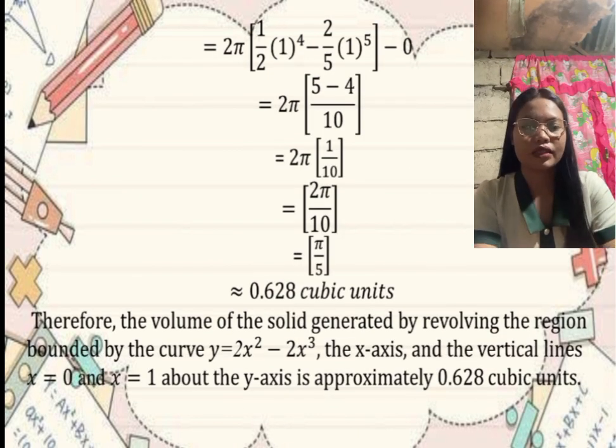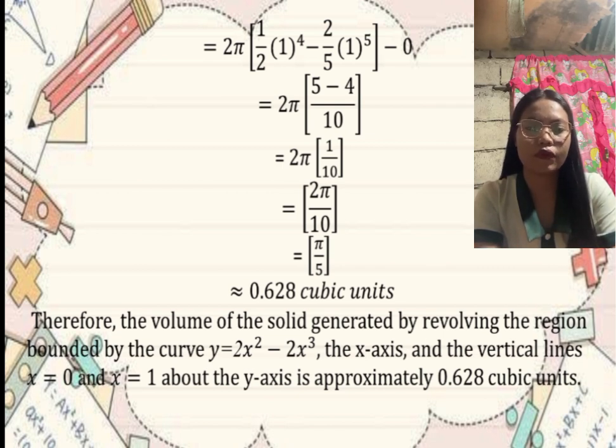Now we can substitute 1 and 0 into our equation. So it will become 2 pi times 1/2 times 1 raised to 4 minus 2/5 times 1 raised to 5 minus 0. It is 0 since 1/2 times 0 and 2/5 times 0 is equal to 0.